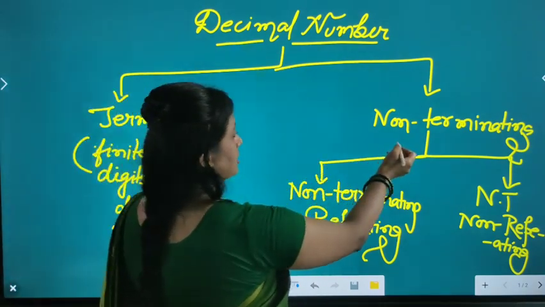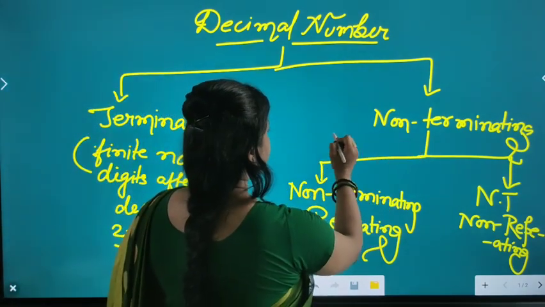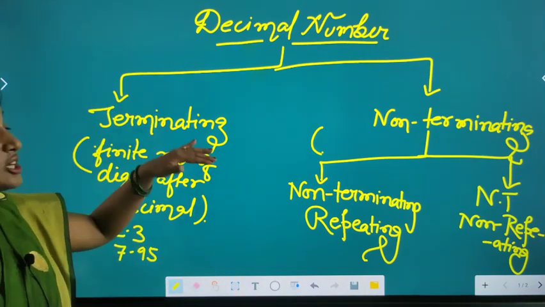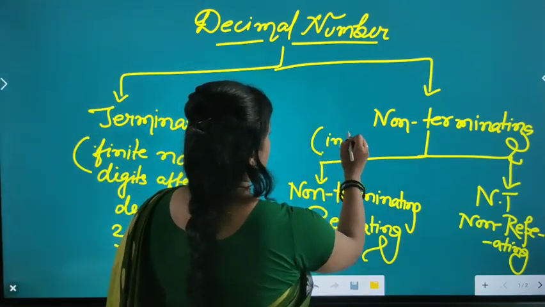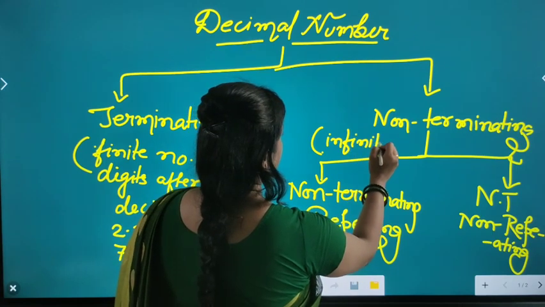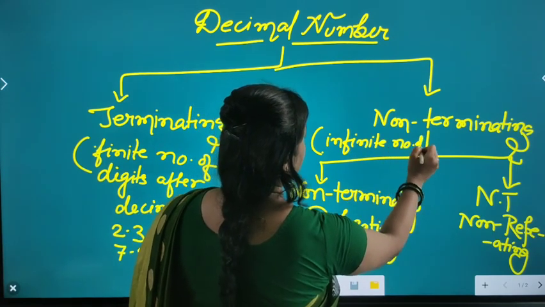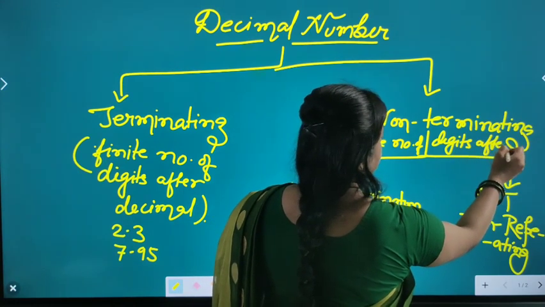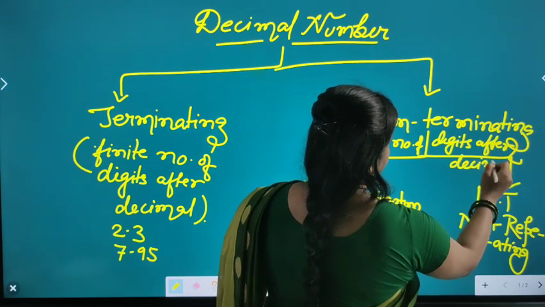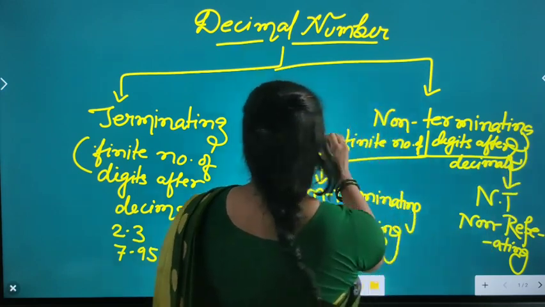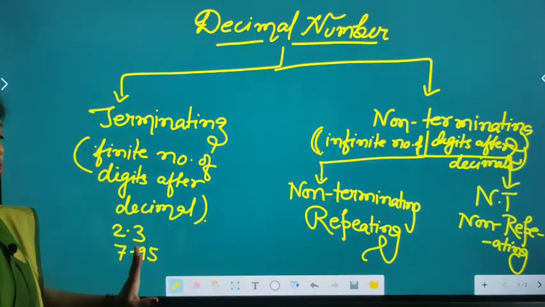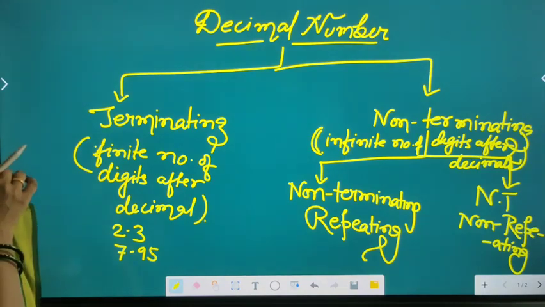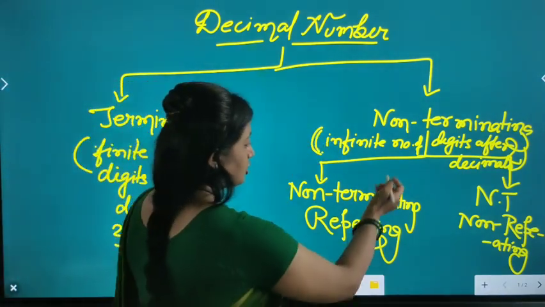And in non-terminating, what definition will you give? Here the word finite has been used, so you will write infinite number of digits after decimal. This is the shortest definition of these two. You can write it in the exam also. You will get full marks for this. And examples you better know.